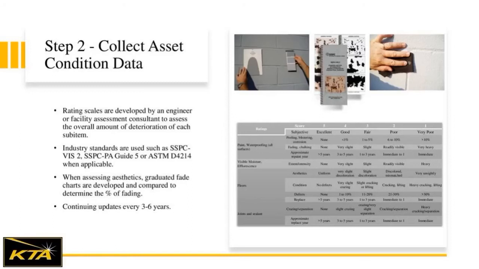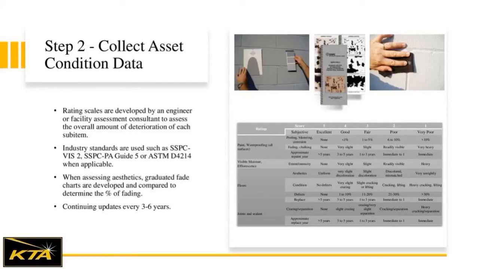The rating scales can sometimes be subjective, so that's a very critical process. And so rating scales are developed typically by an engineer or facility assessment consultant to assess the amount of deterioration of each asset.